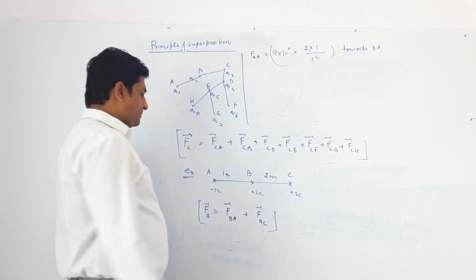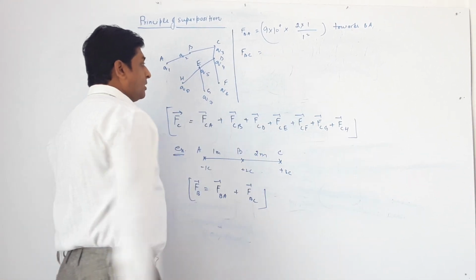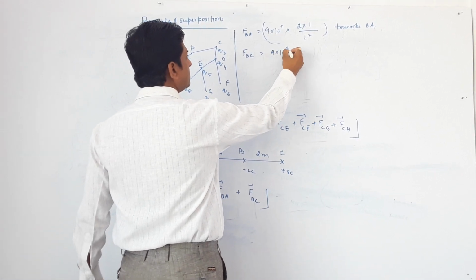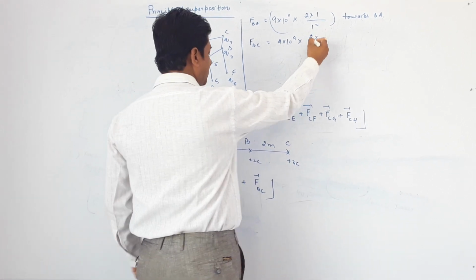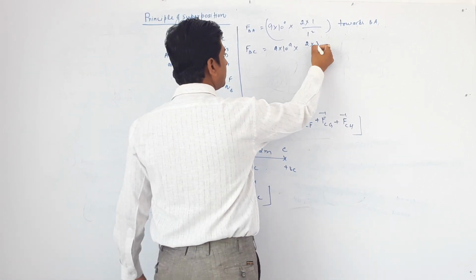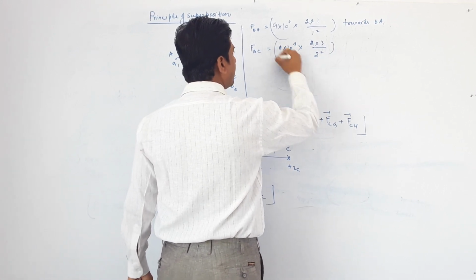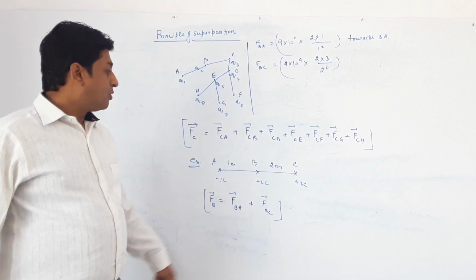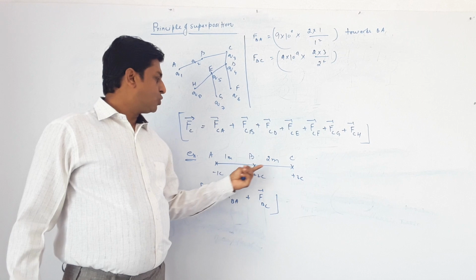In the same way, one more force is left, that is FBC. FBC, Coulomb's law gives the magnitude: B is 2, C is 3, distance square, that is 2, means 2 square. Now direction. What is C doing to B, means what is the nature of the force produced by this point charge over this point charge?